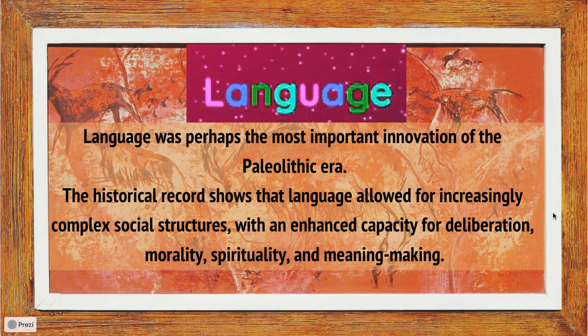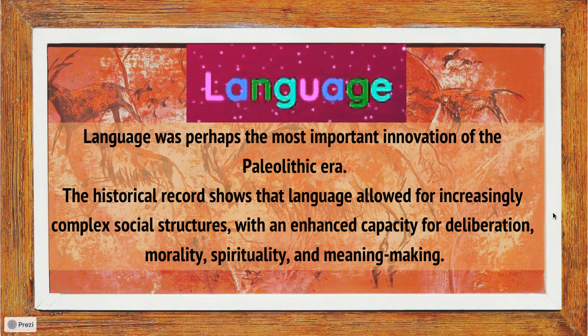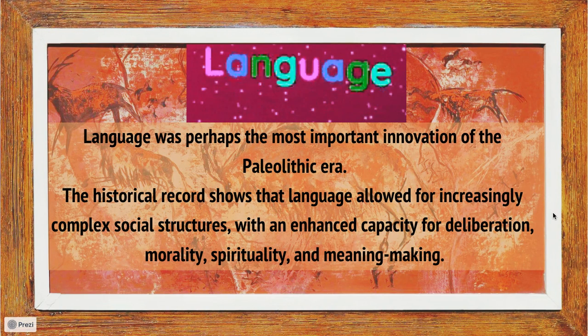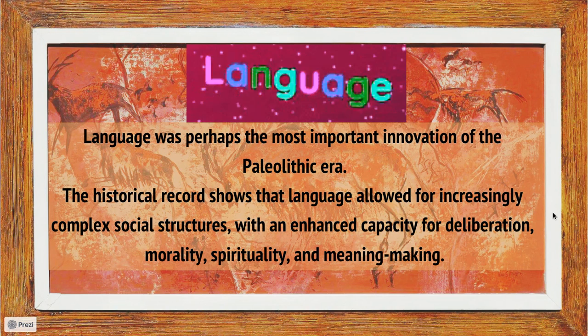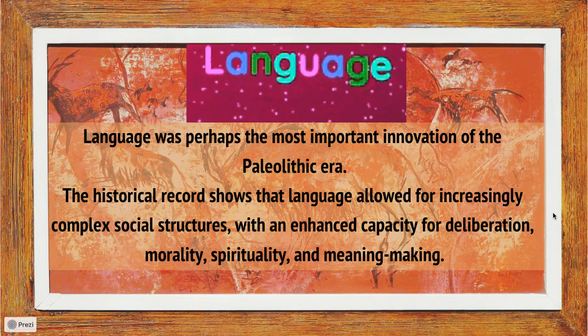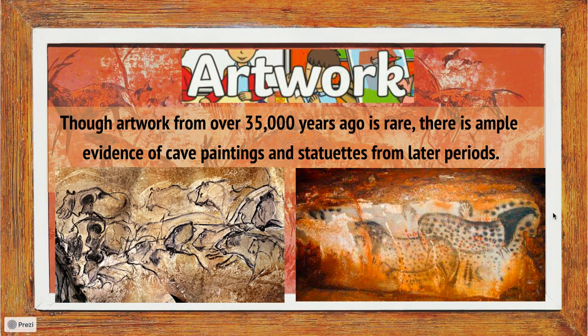This is very important because now we can go anywhere in that empire and we can communicate with one another. So language starts here in the Paleolithic era, and it's going to continue to develop, and it's going to continue to be very, very important to the development of civilization and to empires and societies and countries and all this other stuff.